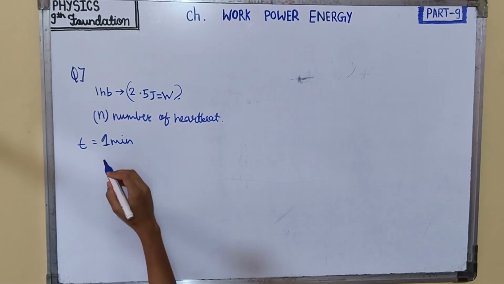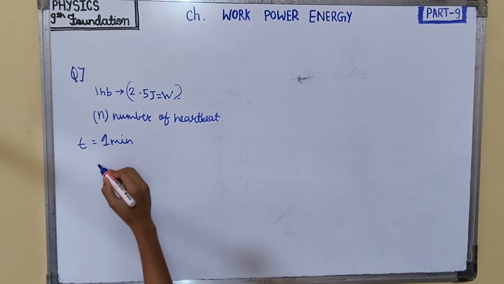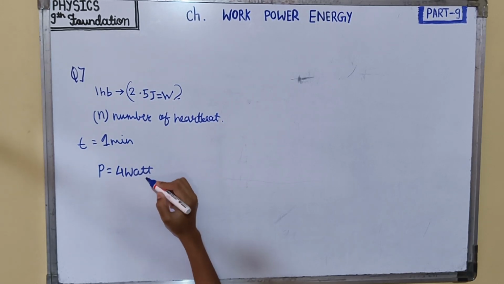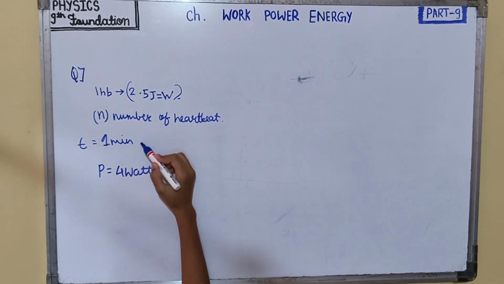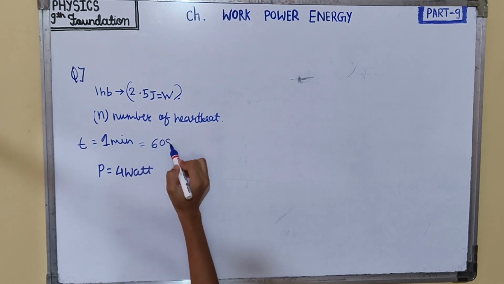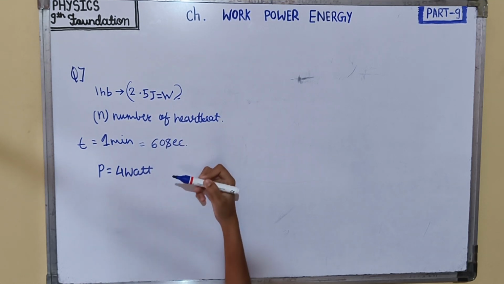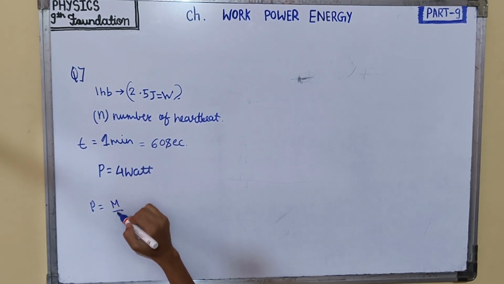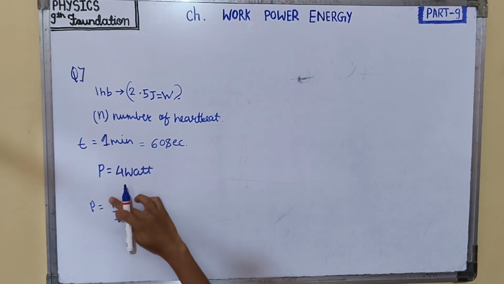And they have told us power is 4 watt. In power, the time should be in seconds, so 1 minute could be written as 60 seconds. The normal formula of power is P equal to W upon T, work done upon time.